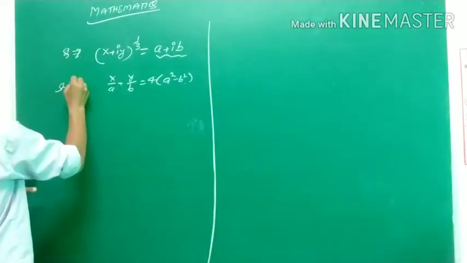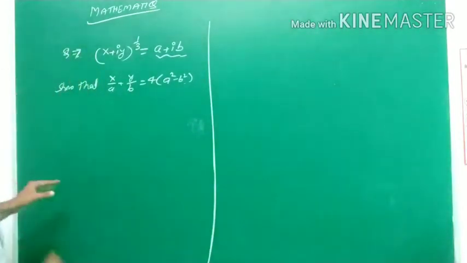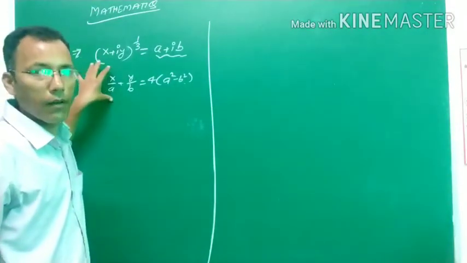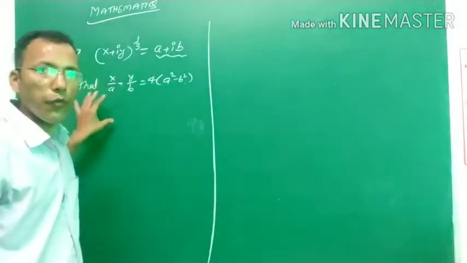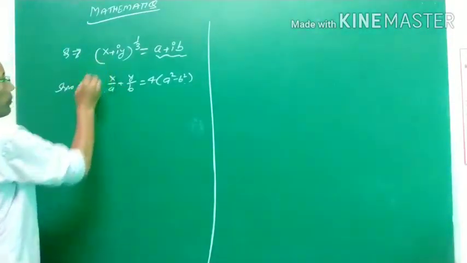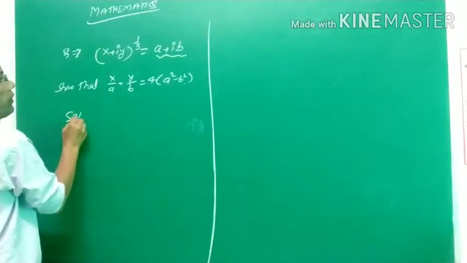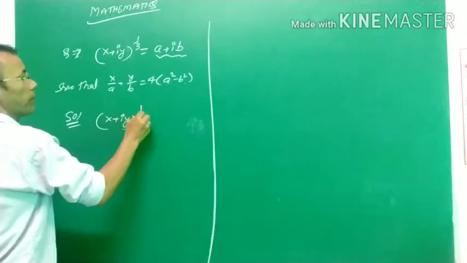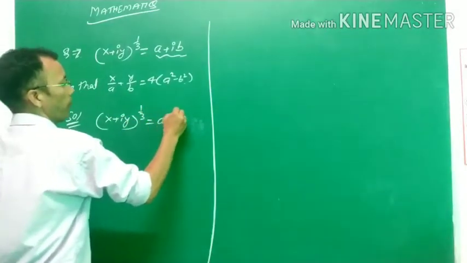That is the problem. You can write x and y in terms of a and b. The problem is (x plus iota y) to the power 1 by 3 is equal to a plus iota b.